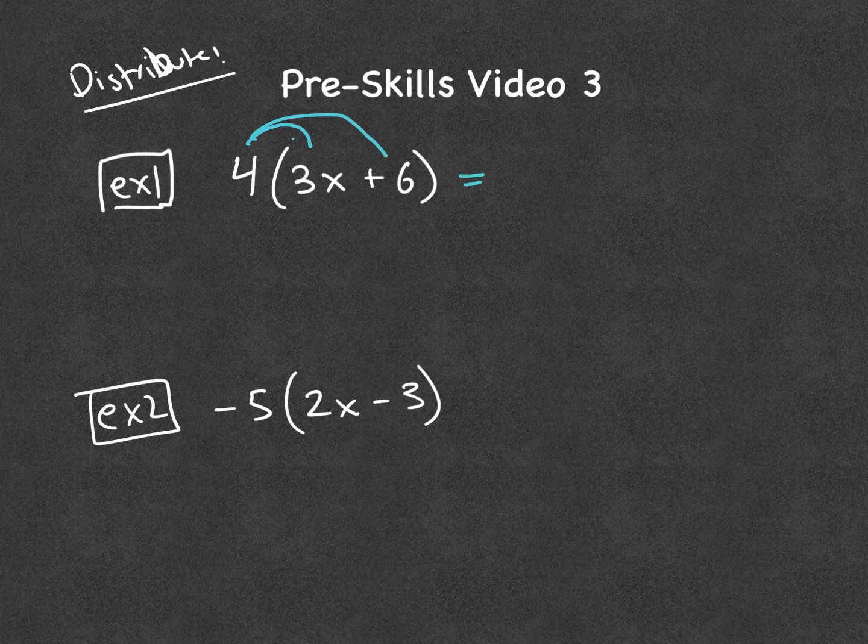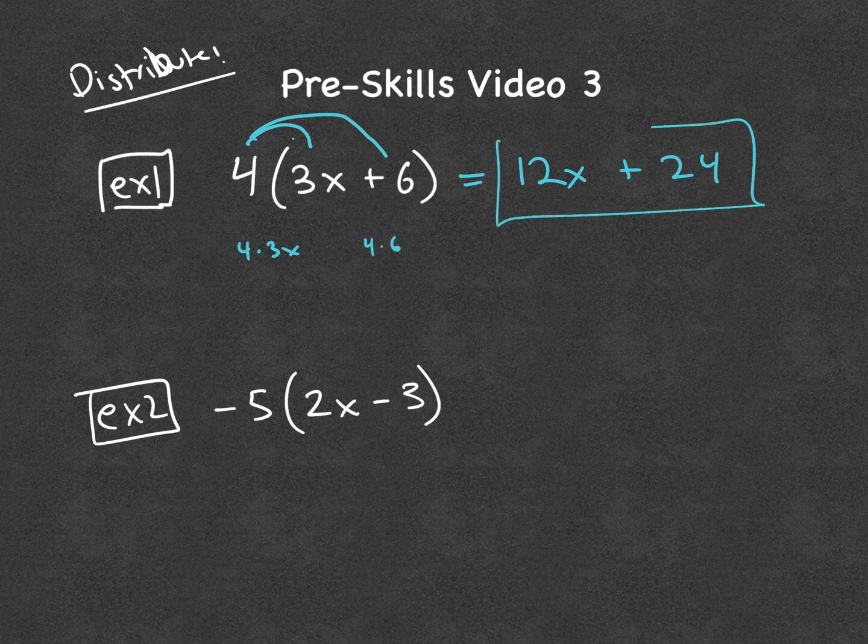So we're going to say equals, and then I do 4 times 3x, which is 12x, right? And then I'm going to do plus, because I have a plus there, 4 times 6 is 24. So you get 12x plus 24. And that's our answer.